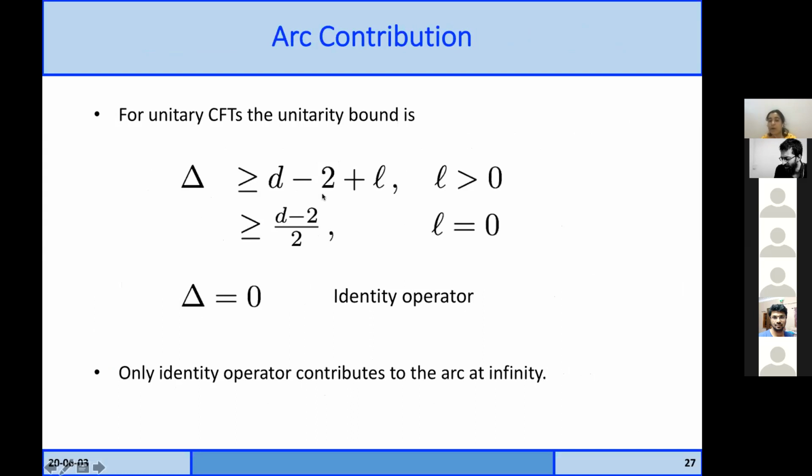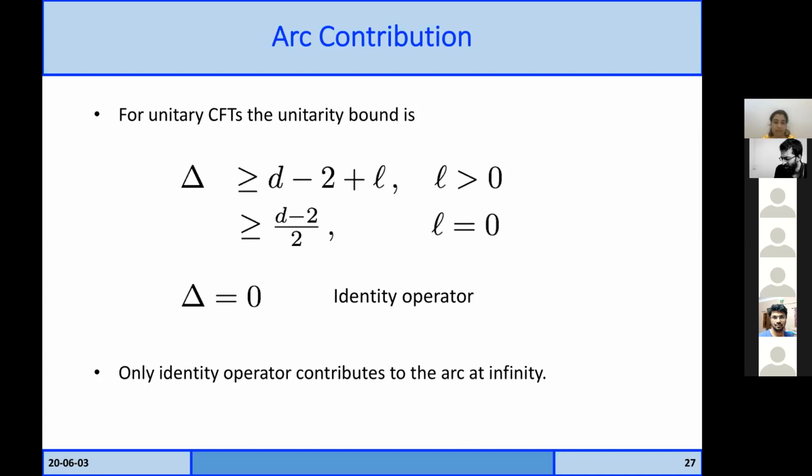If this bound is not satisfied, you can just modify the arc contribution and add it. It may happen that other operators contribute, so you have to see the arc contribution. Even without the unitarity bound, you can write the dispersion relation. This is a mathematical statement, valid for any function. Maybe the unitarity bound helps you get a universal relation: for all theories which satisfy this unitarity bound, the identity operator is the only one which contributes to the arc.